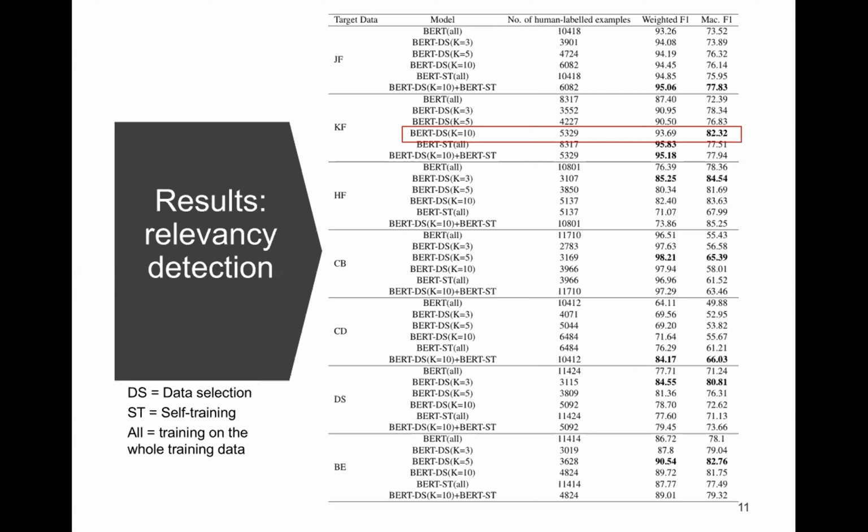And we focus on the best model, which is K equal 10. We found that on average, it improved both the weighted F1 score and the macro F1 score, particularly in these three cases: the COVID-19, the Kuwait flood and the Dragon storm.